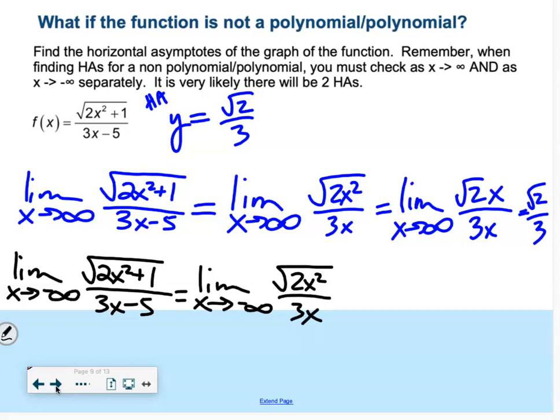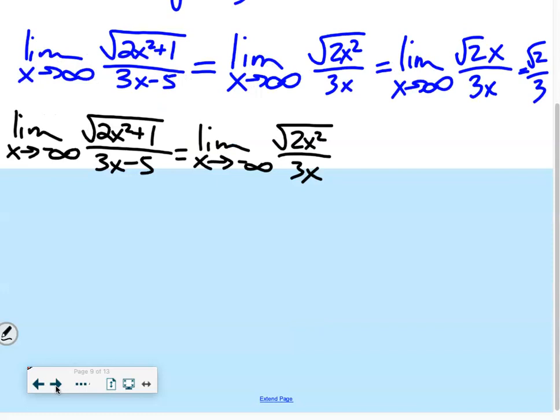All right, we're going to take a side step and talk about the square root of x squared. The square root of x squared is not x. Square root of x squared is the absolute value of x. Why? Because if you plug in a positive number like 5, 5 squared is 25, root 25 is 5, right? 5 just stays 5.